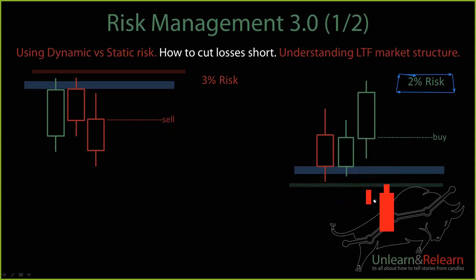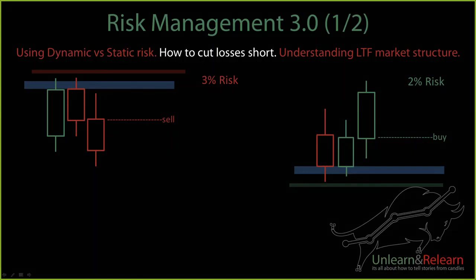So the first risk is static risk. So let's say someone who's new and they're like, hey, I'm not comfortable opening multiple positions, but what I want to do is open one position with one static risk, which is going to be 2%, and that's it. If price goes in my favor, I'm going to make money. If price goes to my stop loss, I'm going to lose 2%, and that's my plan.